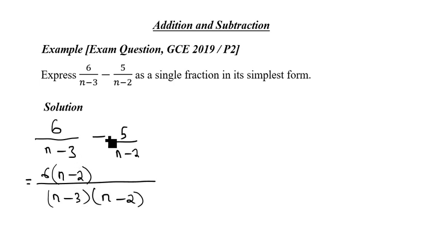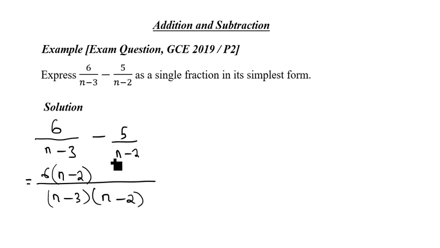Or some people say you have to first cross multiply. Yes, you can think of that concept where you have to cross multiply 6 times this n minus 2, 5 times n minus 3. But remember, we are subtracting fractions. This is not an equation, so it will be not right for us to show that we have to cross multiply when this is not an equation.